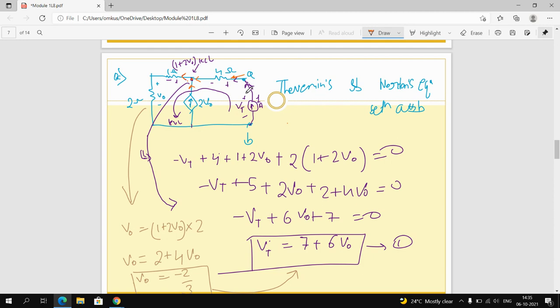So for this 4 ohm resistance, this is positive and this is negative. For that 2 ohm resistance, this is positive and this is negative. Now once you mark the polarity of the elements, then apply the KVL.